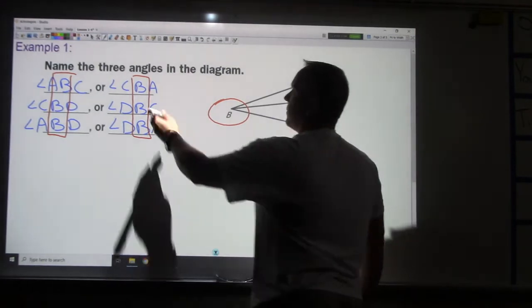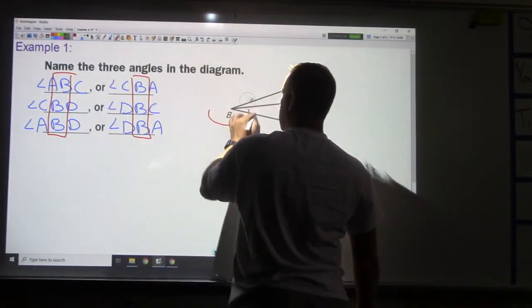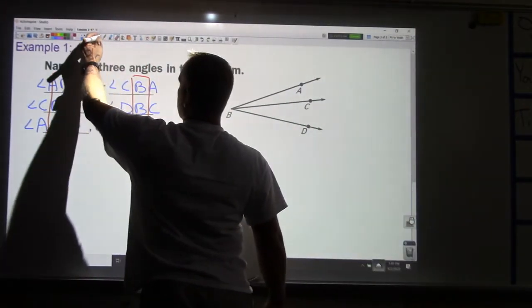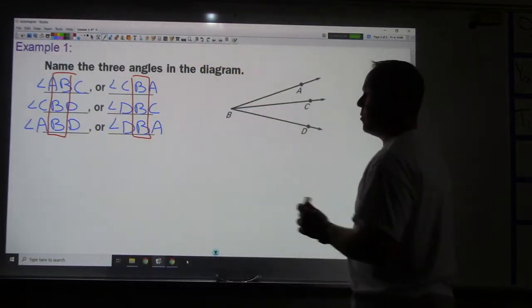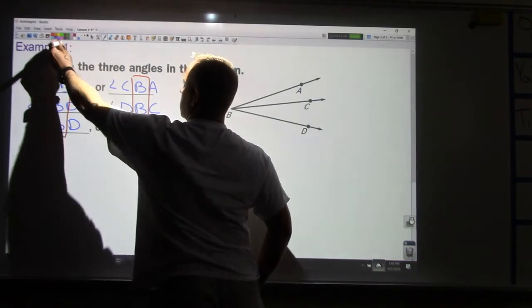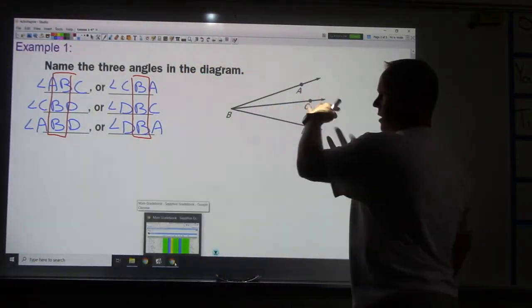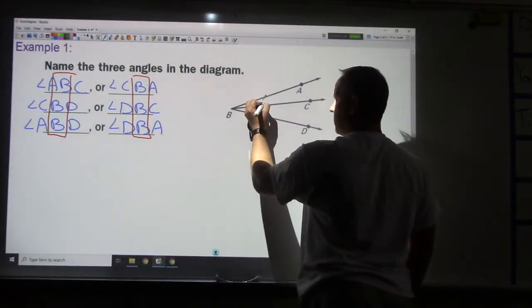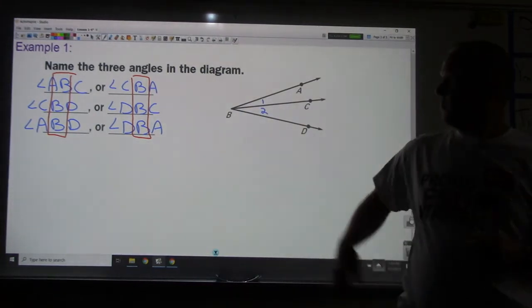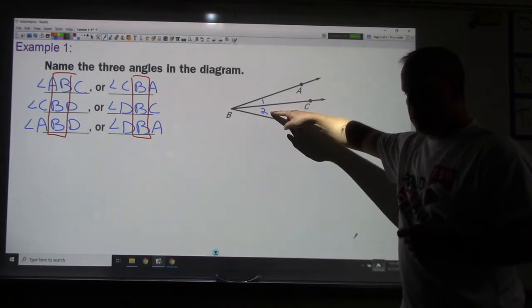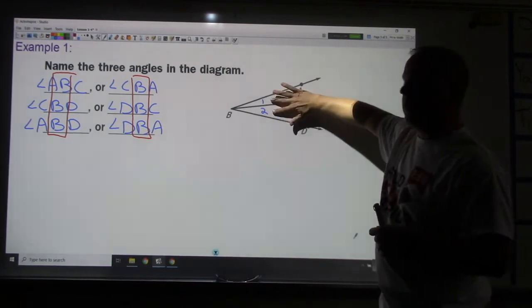Now, sometimes math people get a little more lazy than that. And they're like, 3 letters is too much to write. I don't want to write 3 letters. So if you have a diagram with a couple angles in it, you're going to see this. That does not mean angle of 1 degree and an angle of 2 degrees. This is another way we can name angles.